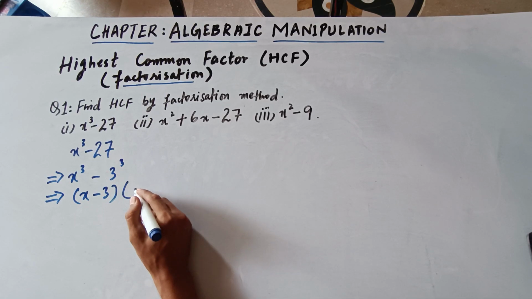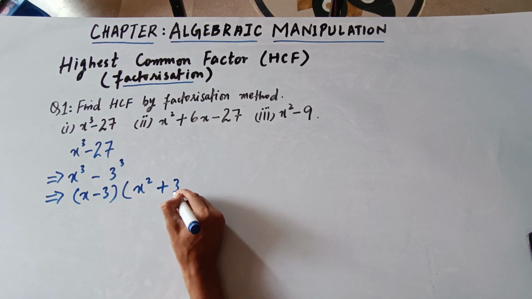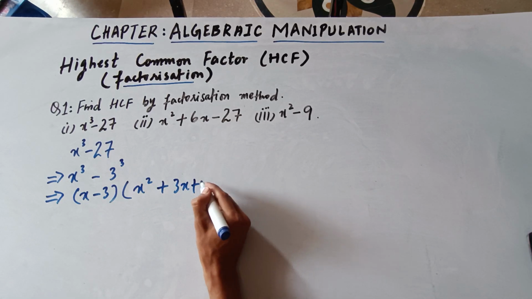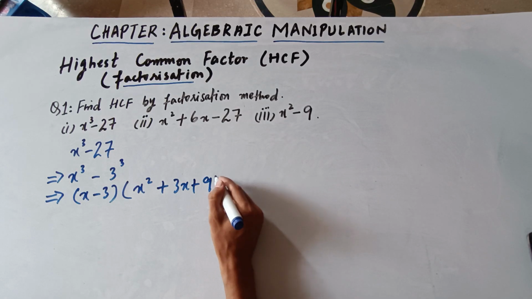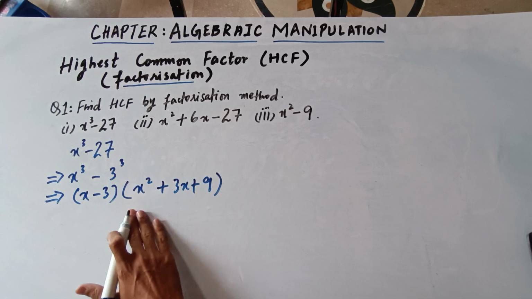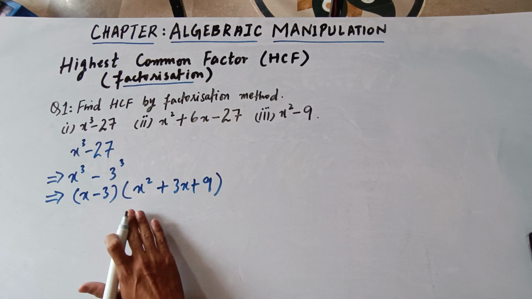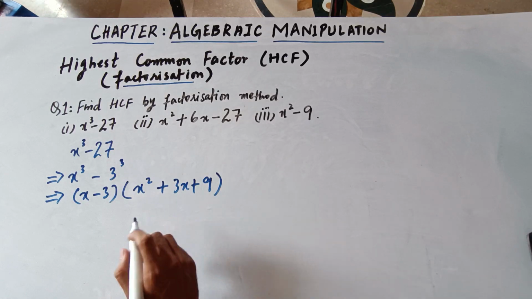So it will be x square plus 3x plus 3 square, which will be 9. You people have already done this particular thing in our chapter factorization. That's why we need to cover it a little bit quicker.